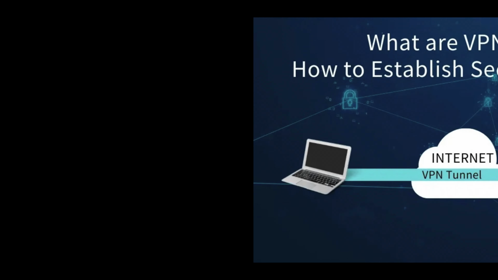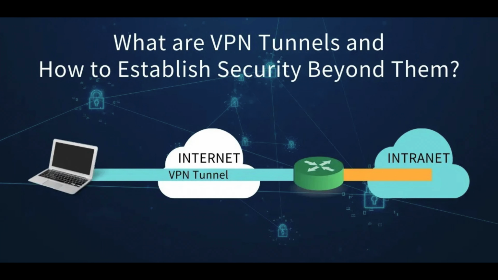So, in this diagram, you can see we have a device, which is a laptop, and it's trying to connect to the internet, and here is a VPN tunnel, right? So this tunnel secures this internet traffic and data to be transferred securely from this device to the internet.